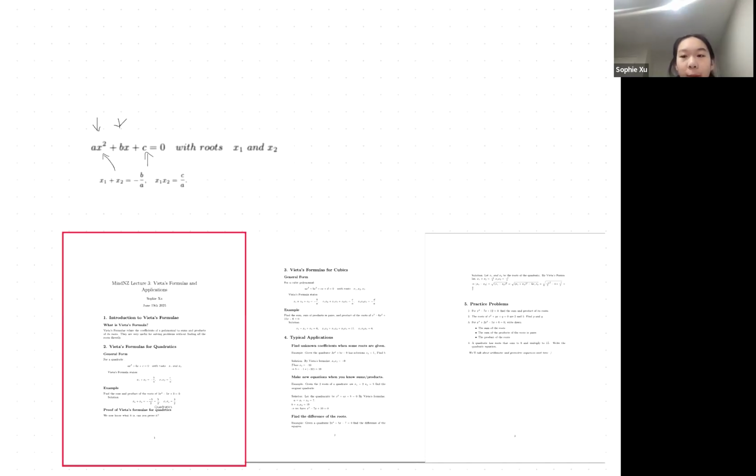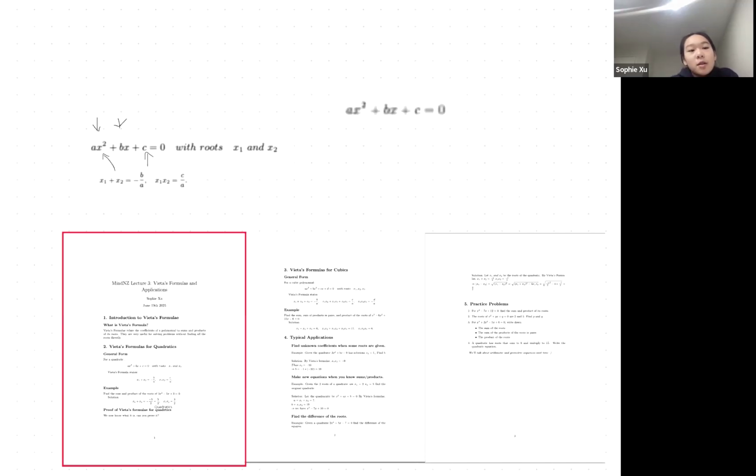So basically, if we have a quadratic ax squared plus bx plus c, like this one, which is equal to 0, we can do some algebra on it, and we get that since it's a quadratic, there must be two roots, right?